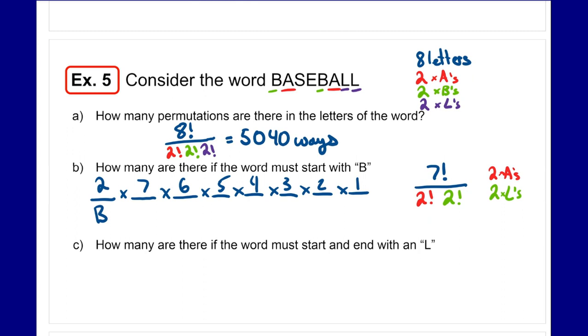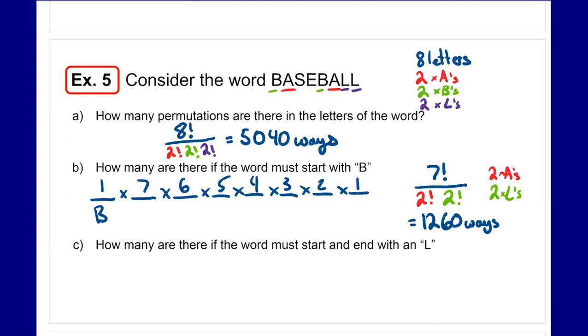If we said there were two there, then we would have to divide by a 2 factorial to get rid of those two B's. But because that one spot is taken care of by one B, there's only one option for that spot. Then we end up with 7 factorial divided by 2 factorial times 2 factorial, or 1,260 ways that we could arrange these letters.